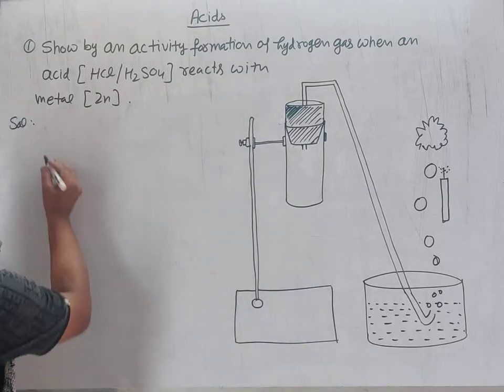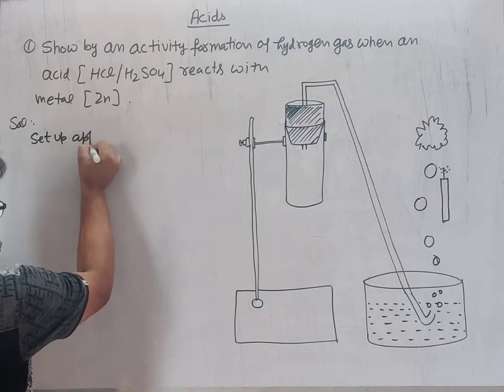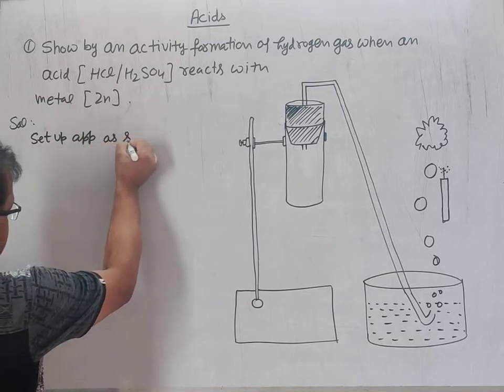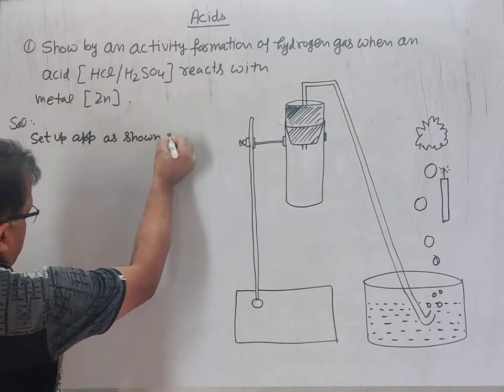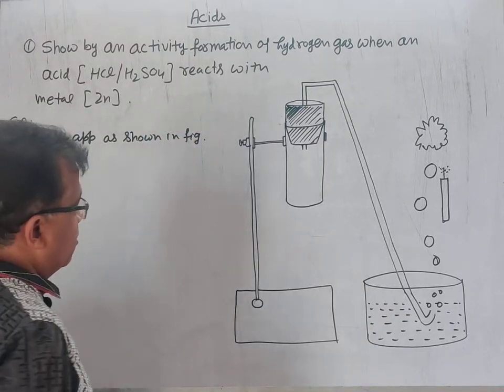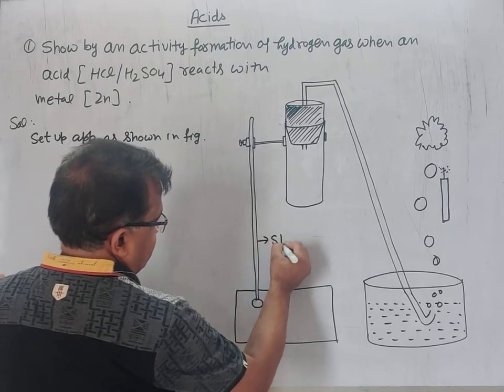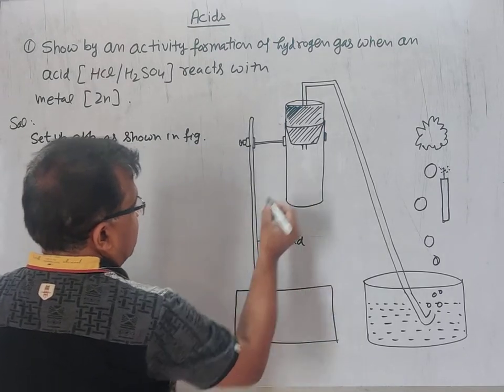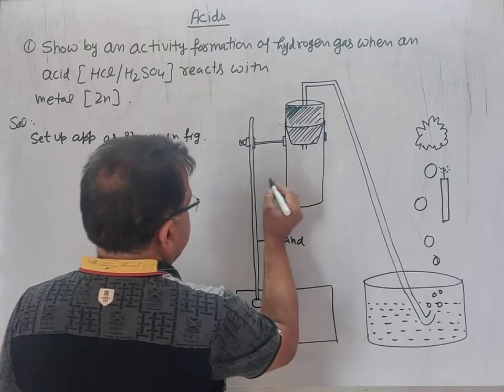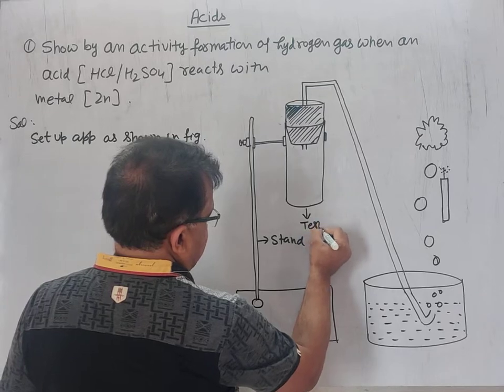Now set up the apparatus as shown in the figure. Here you know that this is a stand, or iron stand. It is a test tube. It is a test tube.